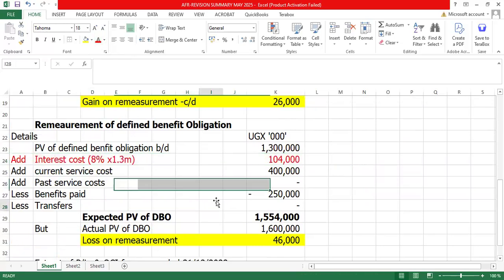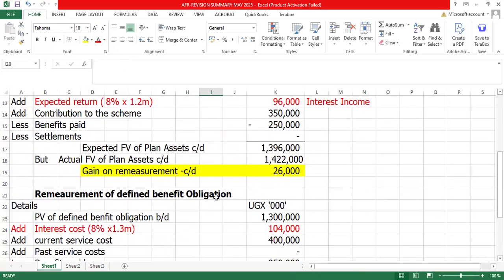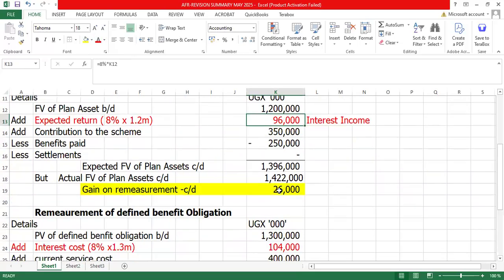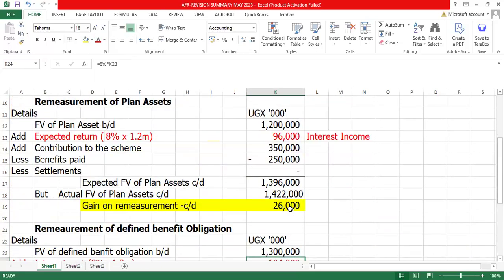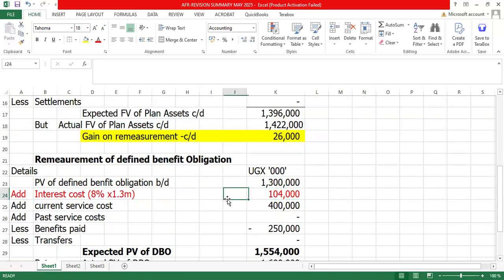Always first compare and see whether you have a net income or net loss. Okay, it could be net income or net cost. So compare the income with the cost. Which one is higher? The expense is higher. The cost. So you will have net interest cost. The difference, net interest cost.